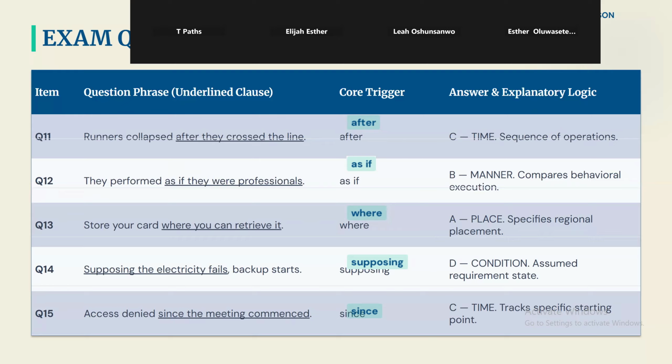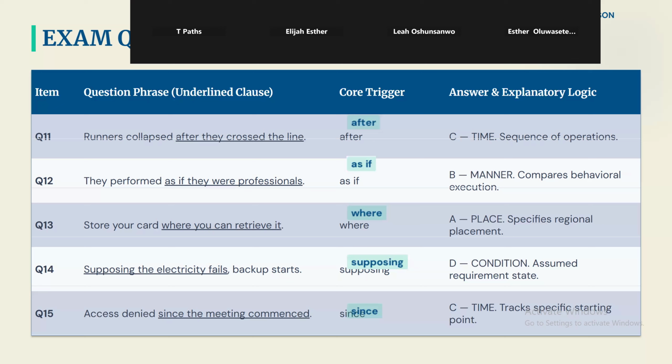Store your cards where you want, you can retrieve it. This is very easy. For place, we have where or wherever. So this is place, specific regional placement. 14, supposing the electricity fails, backup starts. Supposing. Condition assumes requirement states.